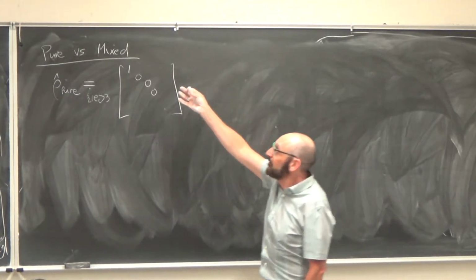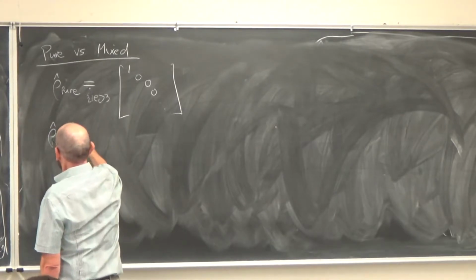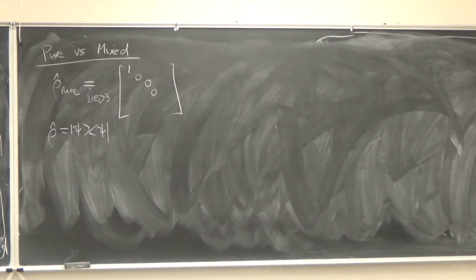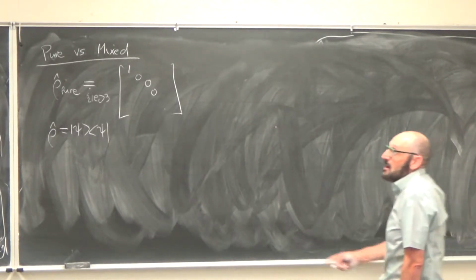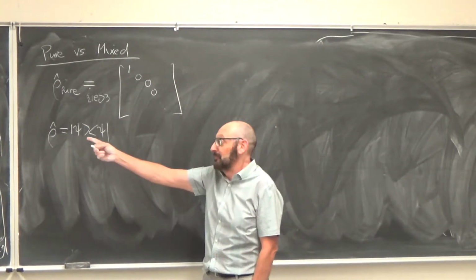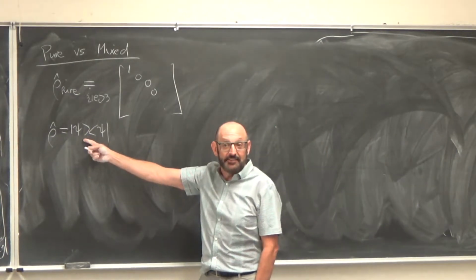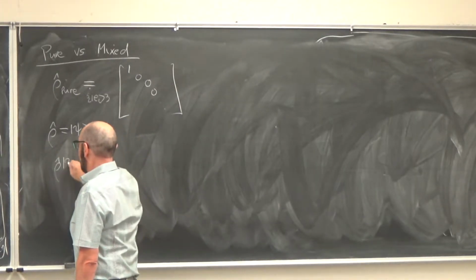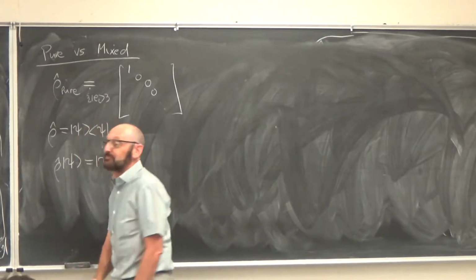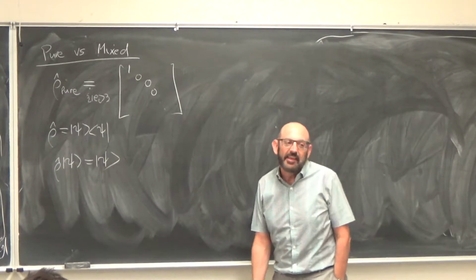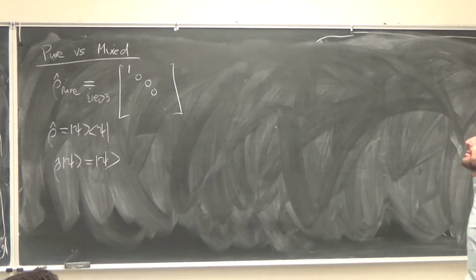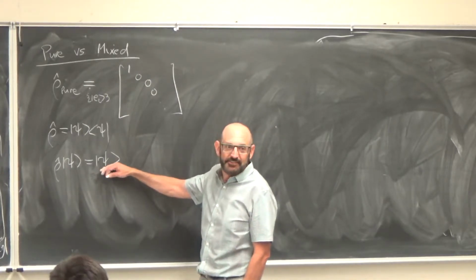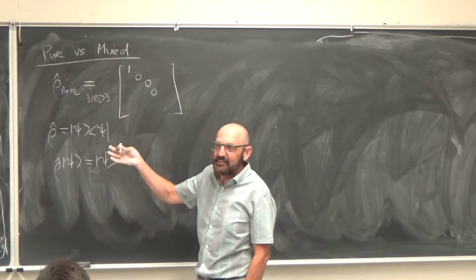If I have the state psi as a ket and the density operator as the ket bra, then psi is an eigenvector of rho with eigenvalue 1, and any vectors in the orthogonal complement are eigenvectors with eigenvalue 0.